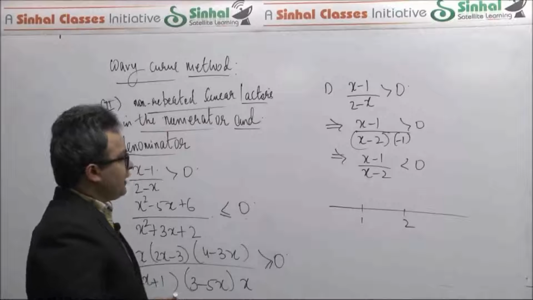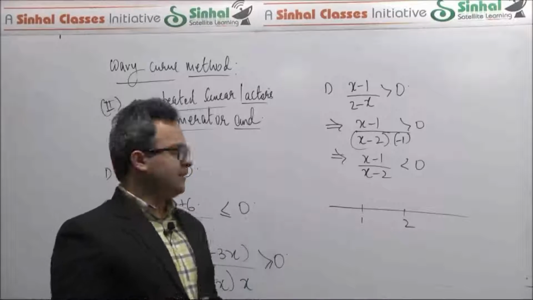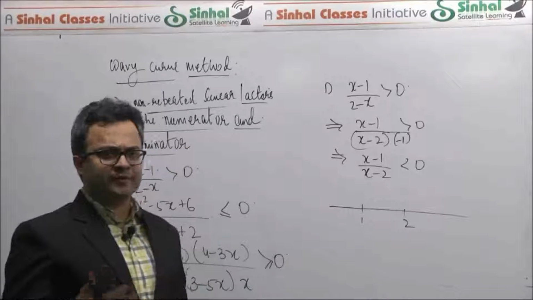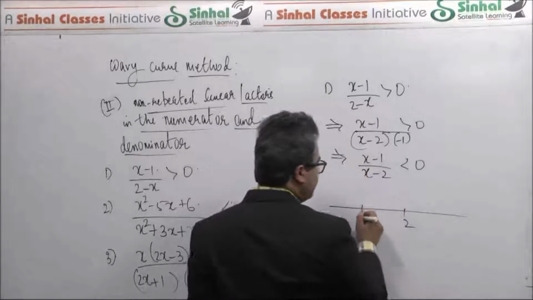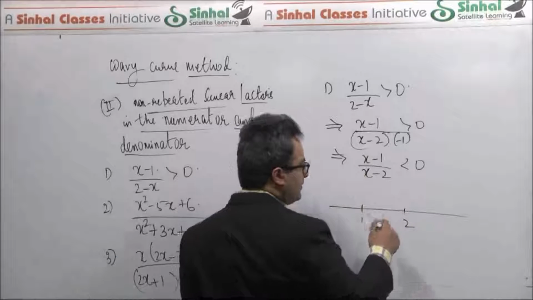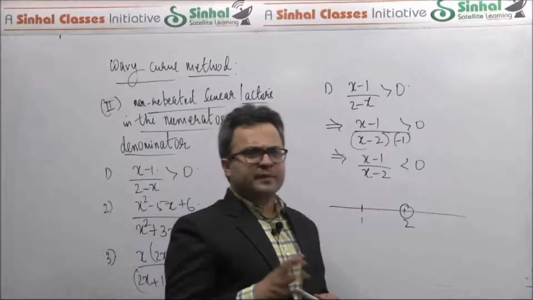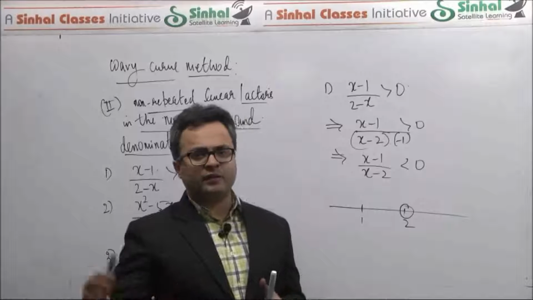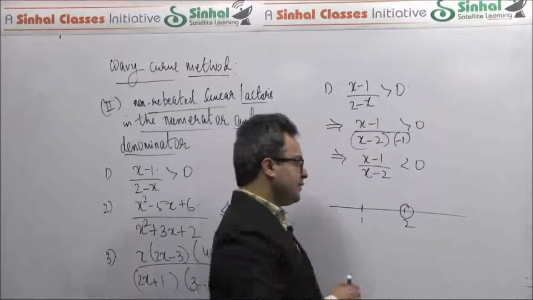Now, as a convenient way to keep track of which are the critical points from the denominator, when marking the critical points we could just mark a ring around those which come from the denominator. That will help us keep track of which points are from the denominator and which are from the numerator. Everything else will remain exactly the same.